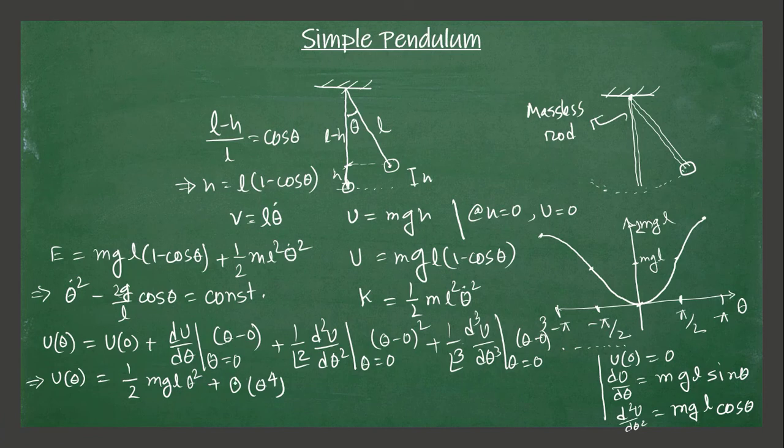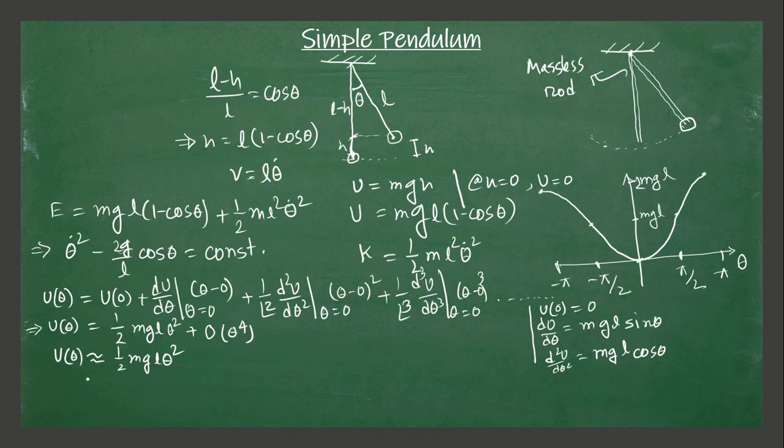Okay. Now if we apply the approximation that theta is very, very small, we can ignore these terms. So we can approximate the potential here to be approximately equal to half mgL theta squared. And this is accurate to the order of theta cubed, because theta cubed was 0, and we ignored the order of theta to the power 4 terms.